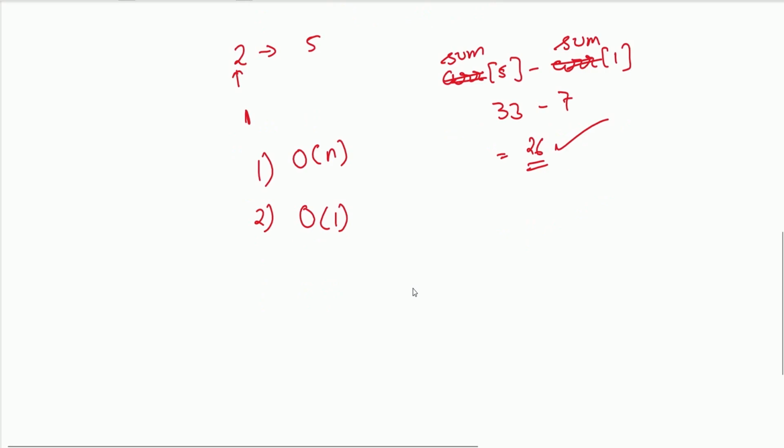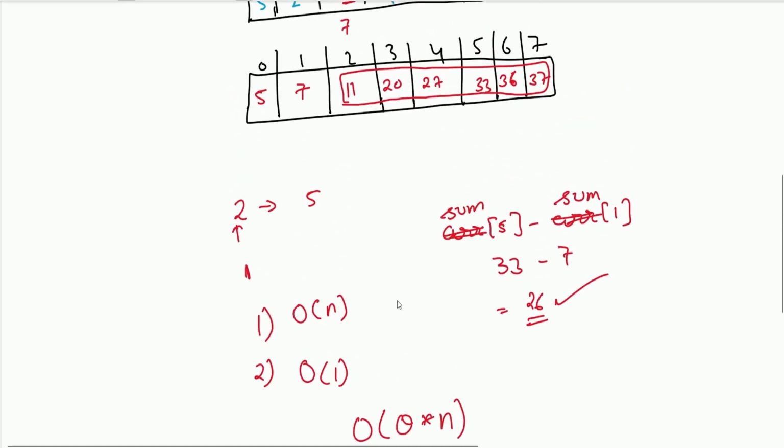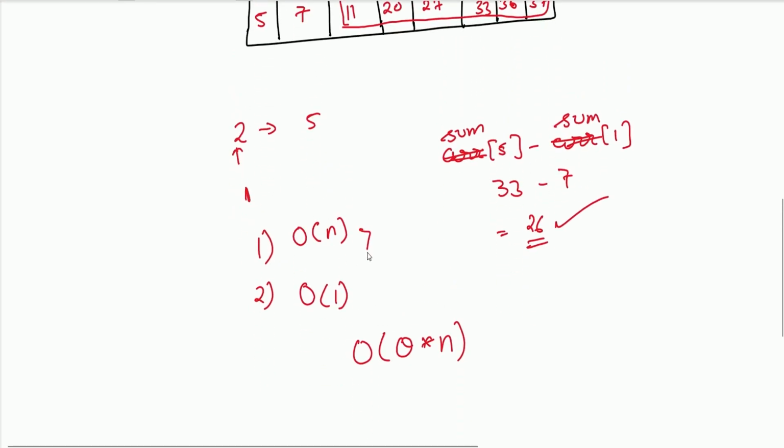Again, if we have q queries, the total time complexity will become q into n. So we have not made our approach that much more efficient, because the q queries can be any of these: all the q queries can be updates, or all of them can be sum queries.